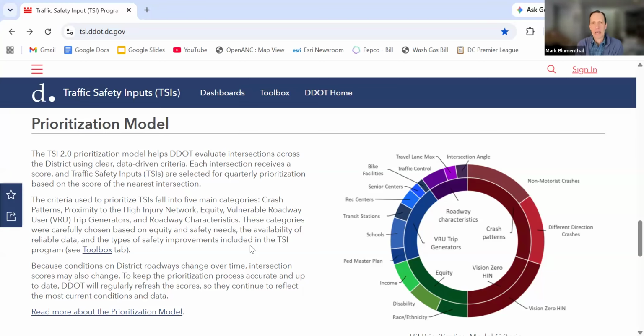DDOT responded at the time by promising a neighborhood traffic study. For the whole thing, a consultant was hired. I think our council member at the time was involved. There was a delay. Everyone got mad. There was ultimately a study done and changes were implemented.